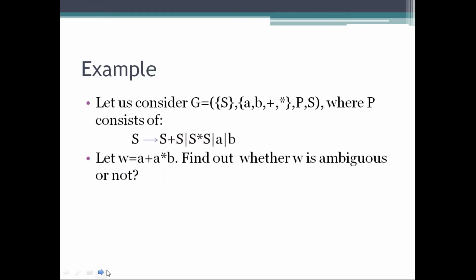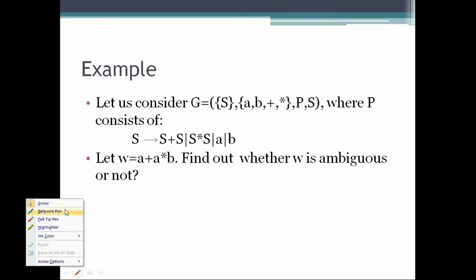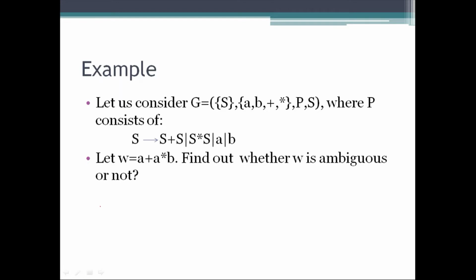This is what we call the terminal alphabet. This is the non-terminal, this is the terminal, this is the production rule, this is the start symbol. We have these four productions, and we can number them: first, second, third and fourth production rule. Now the question is, let W equal A plus A asterisk B. Find out whether W is ambiguous or not.